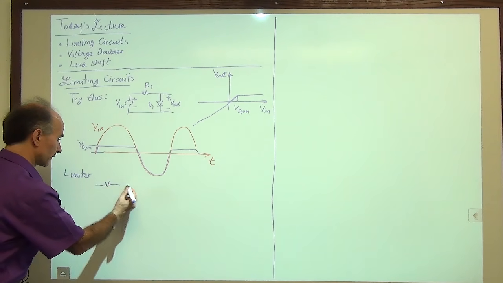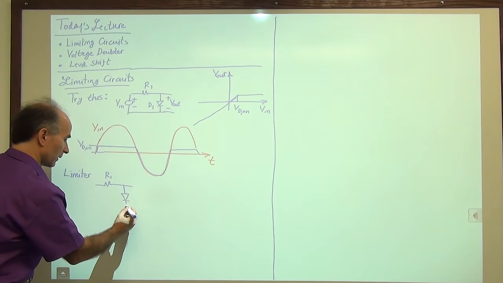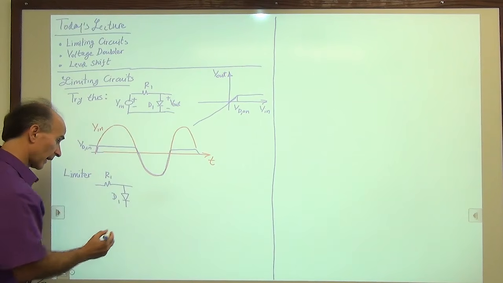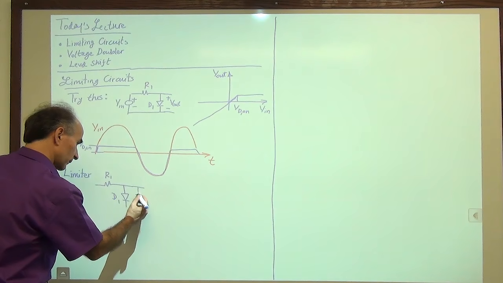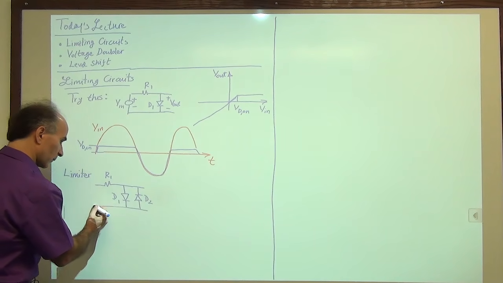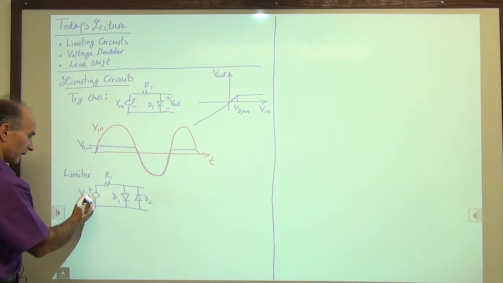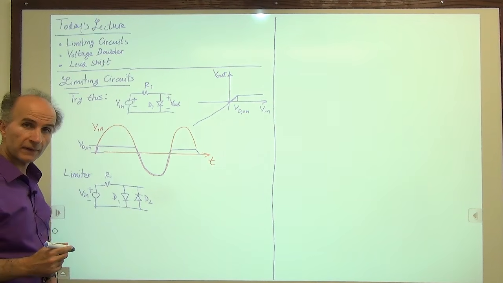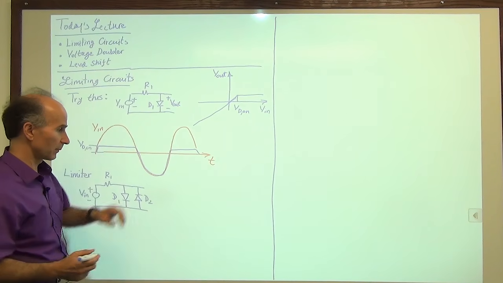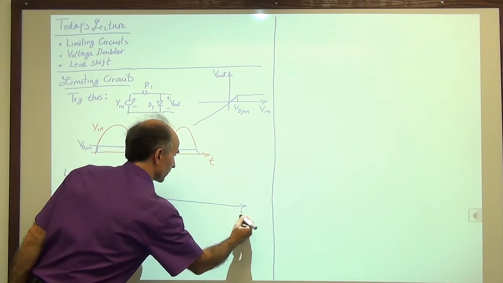We have our resistor R1, then the original diode, D1, to clip the positive swings, and then another diode going the other way to clip the negative swings.